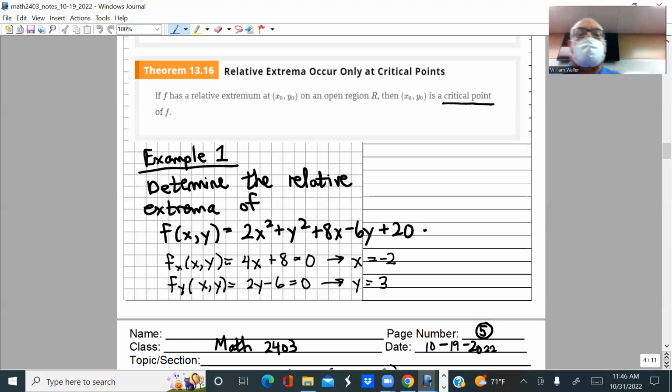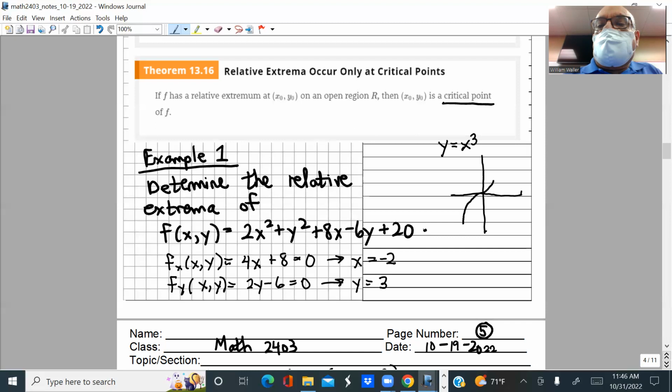All right. The famous example of that in Calculus 1 that's always shown to students is this function, y equals x cubed, just the cubic parabola, what I call the cubic parabola, which is really not shaped like a parabola. It looks like this when you graph it. That's what the graph looks like.